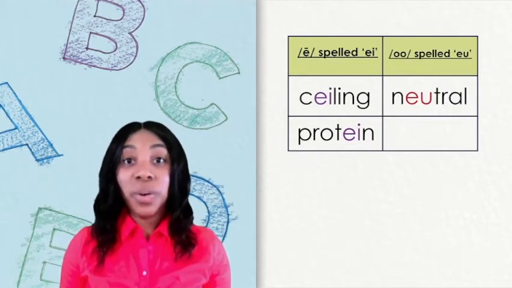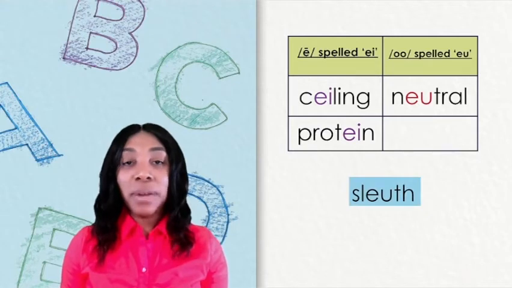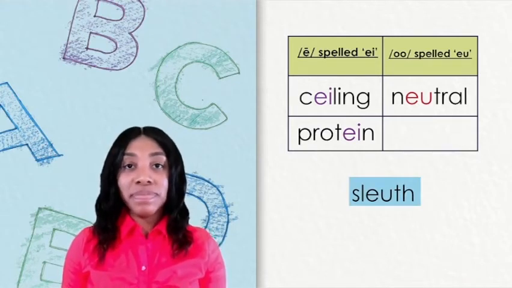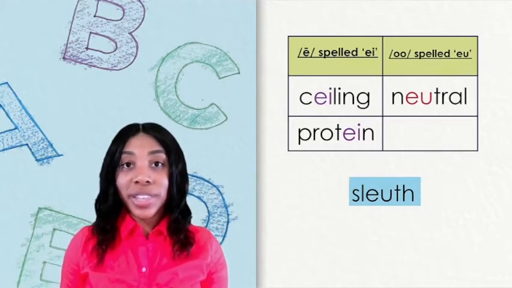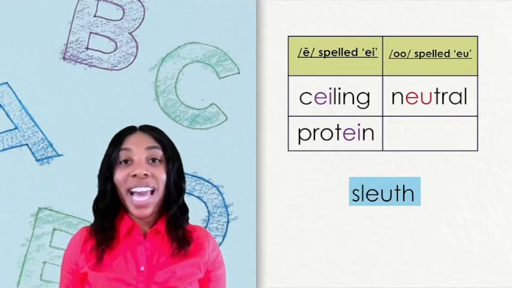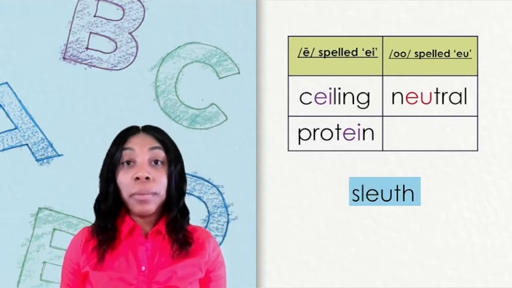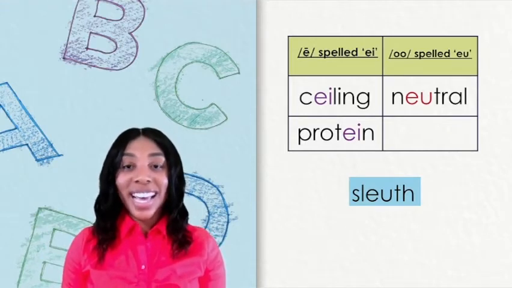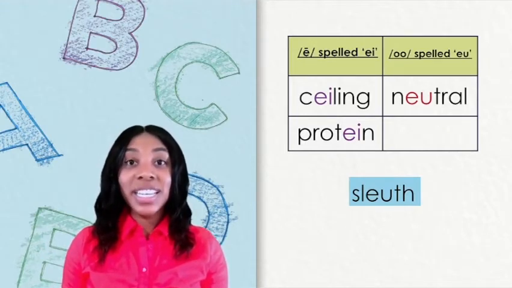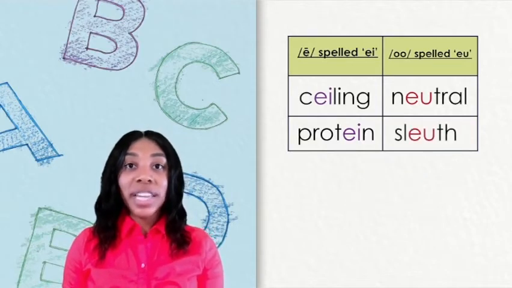Here's our last word. How would you pronounce this word? Sleuth. Sleuth only has one syllable, but we heard the oo sound, and it is spelled with an EU. Go ahead and write the word sleuth on your paper.